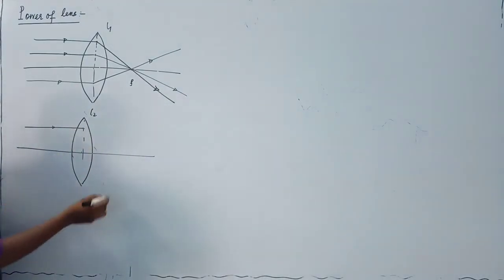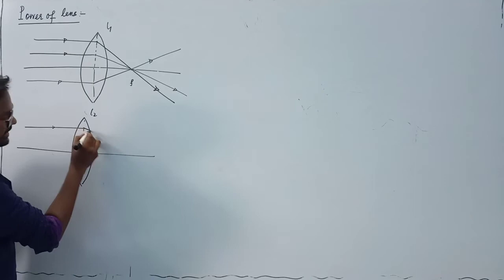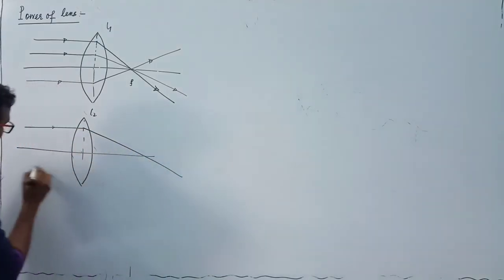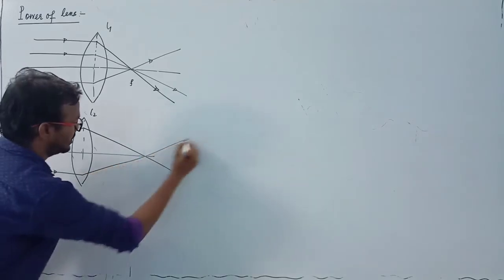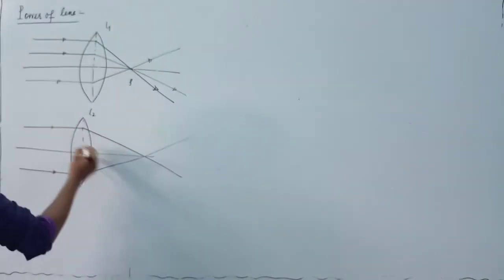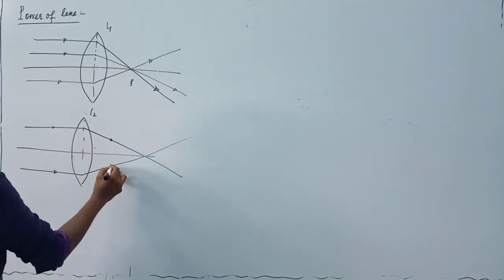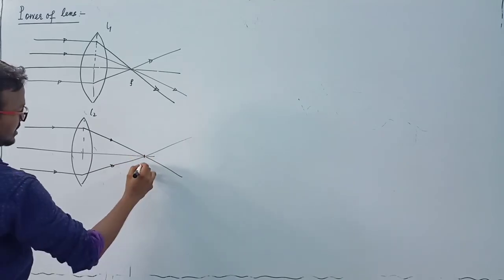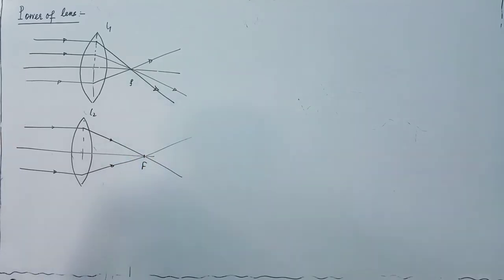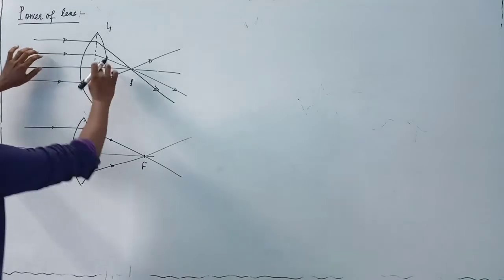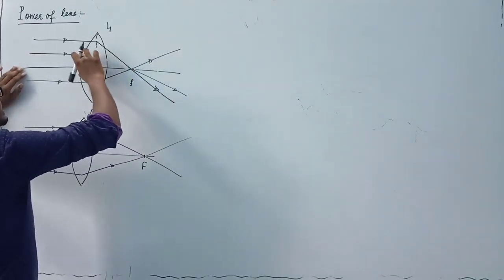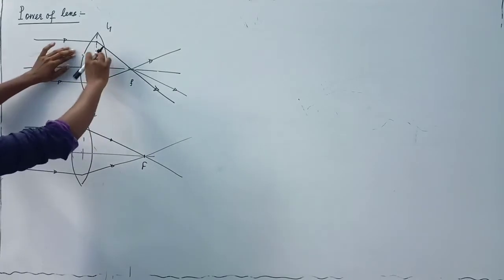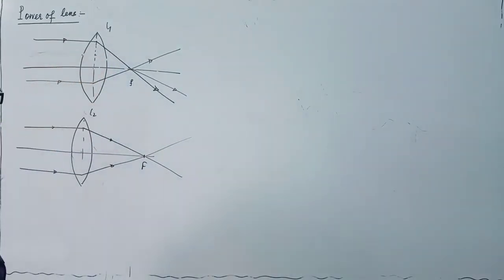After refraction through this lens, they meet at this point, and again if we take another ray here, after refraction through this lens, they meet at a common point. This point is known as the focus point F. Okay, look at these two diagrams. Now compare these two diagrams.